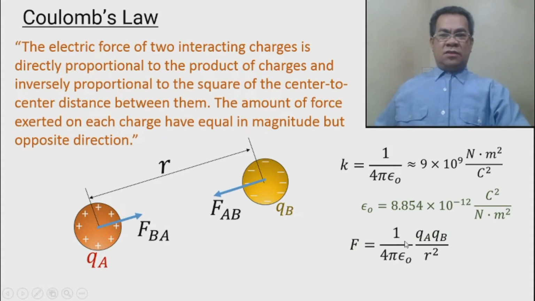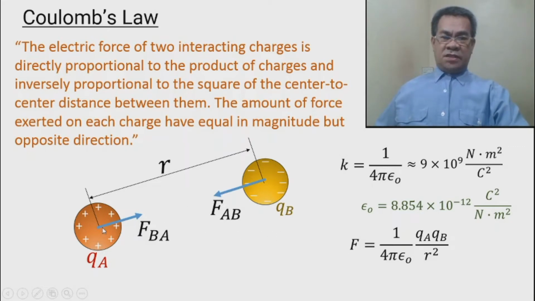Again, this value can be replaced by this constant. The 1 over 4 pi epsilon naught is the electric constant. Charges A and B are the interacting charges. So this is the formula for the force of two point charges. For two interacting charges, the force has the same value for one charge exerting on the other.